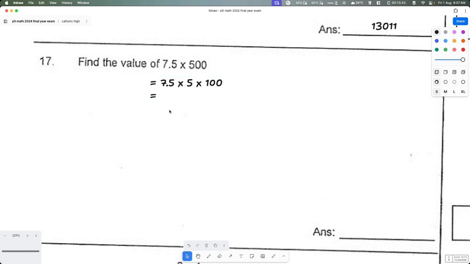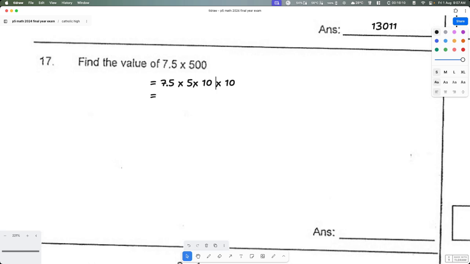Or something a little bit simpler would be times 5 times 10 or 50 times 10. So this is just one way. You can do multiple ways. But never mind, just stick to the 5 times 100.